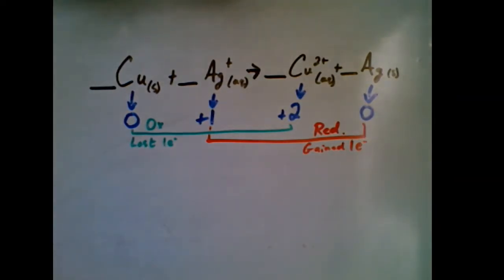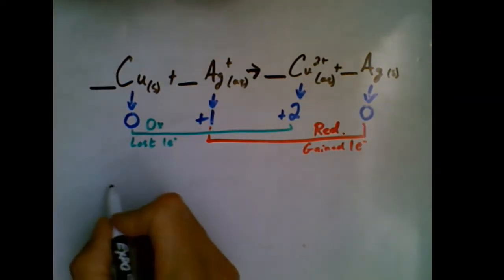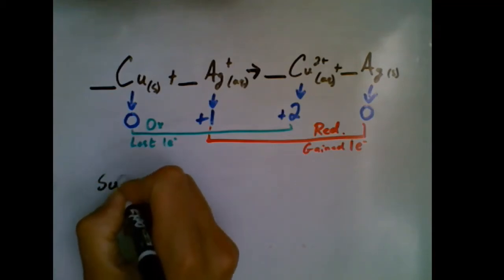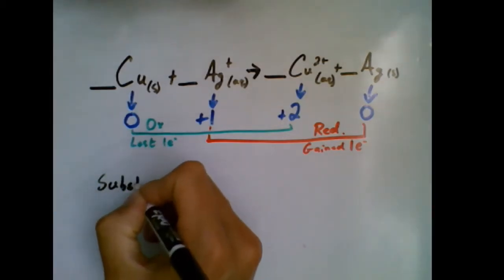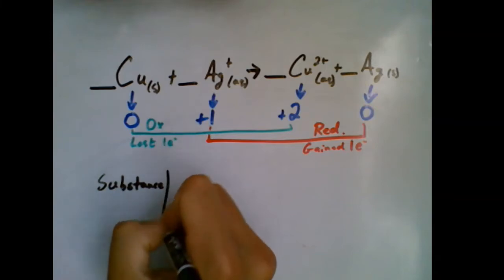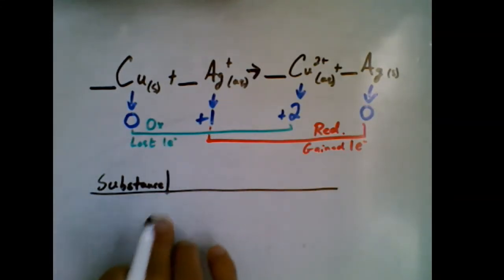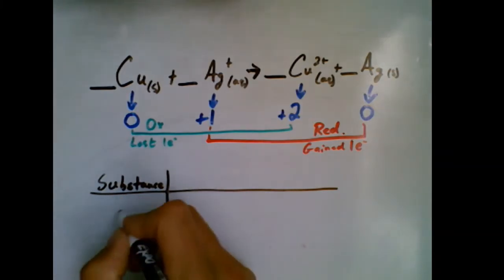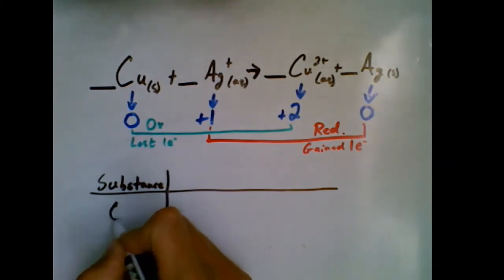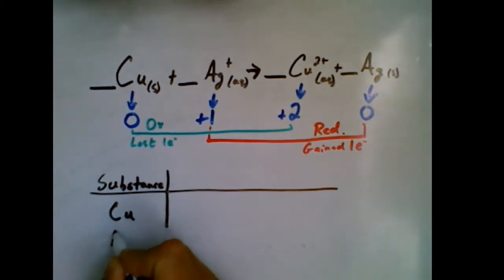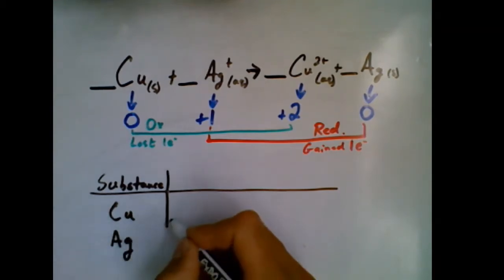In order to balance this, what we're going to want to do is, first of all, take a look at our two substances that are actually changing. And so this may seem pretty common sense here because there are only 2 substances, but in some reactions there are many, many elements that you need to deal with. So we need to look at what is our substance.